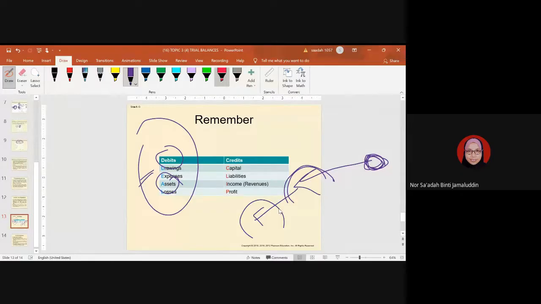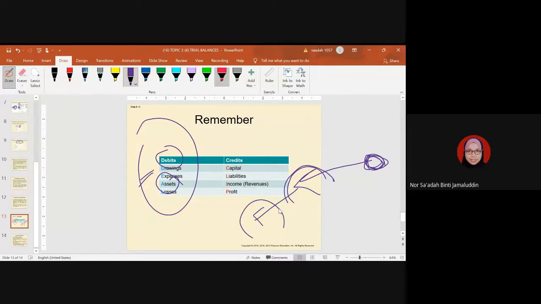Our overdraft bank. Maksudnya dekat bank kita tu dia akan dapat negatif. So dia can be our liabilities. Okay. I repeat again, when we do the balancing of the cash book in the part of cash and bank, when we get our balance brought down for cash or bank, usually on bank in a credit side, okay, the main record must be in a debit side, but we get the other side, so we get it in a credit side.